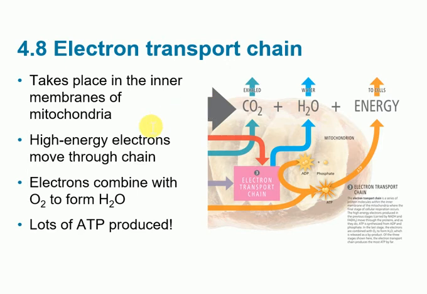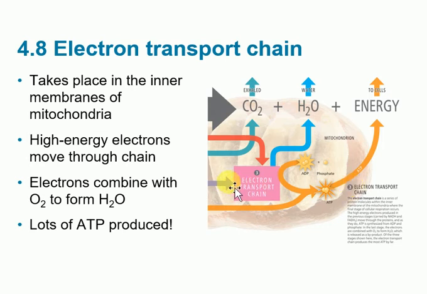So the electron transport chain also happens in the mitochondria, just like the citric acid cycle, but to be more specific, it happens in the inner membrane of the mitochondria. If you look at the mitochondria, it's surrounded by 2 membranes. This chain happens in the inner one.